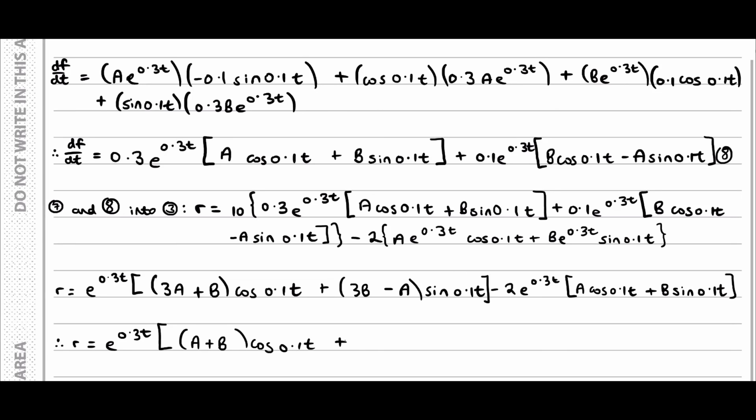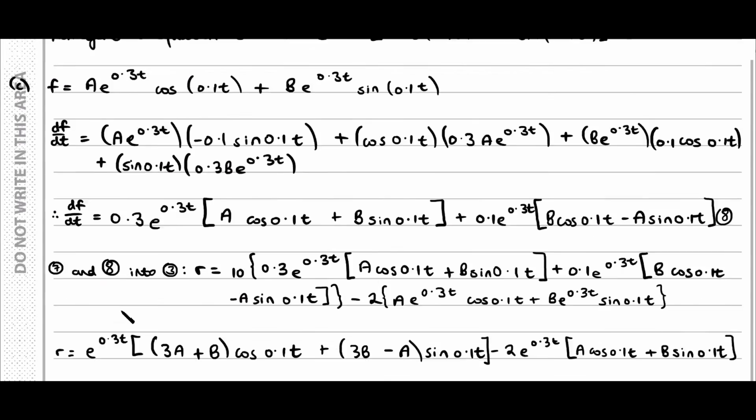So we have b minus a sine of 0.1t. Okay, that's quite complicated to get to this answer, but it is just expanding out and simplifying like terms.